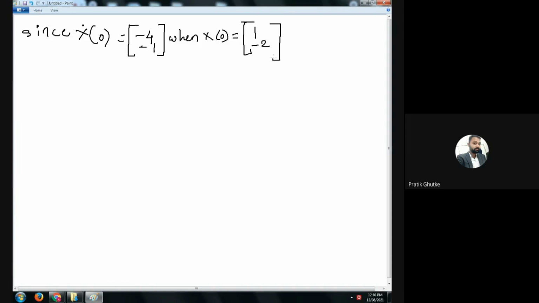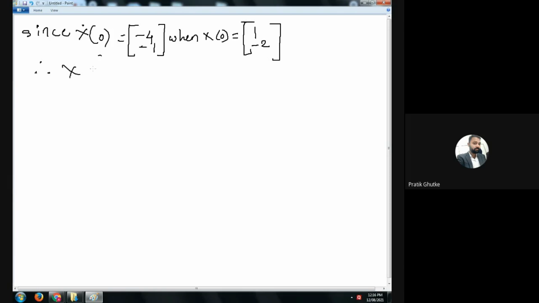Yes. So now comparing with that equation, x dot of 0 is equal to A into x of 0.